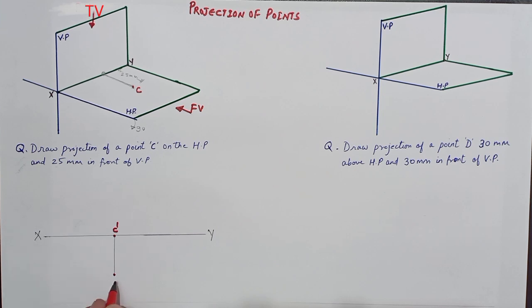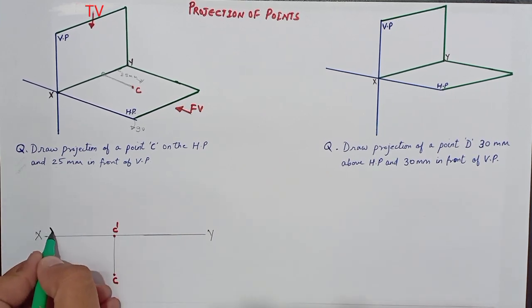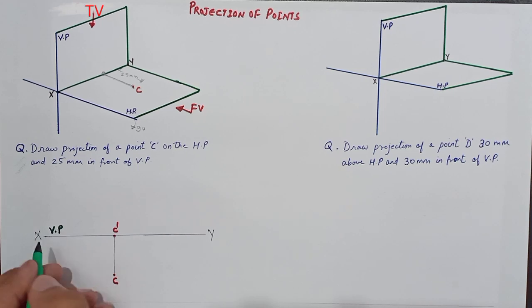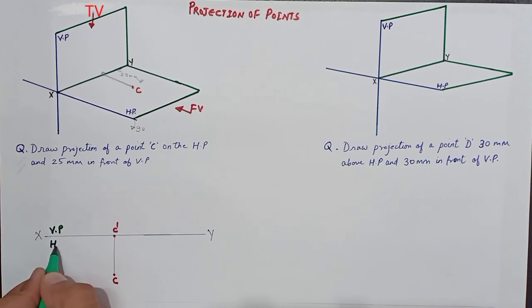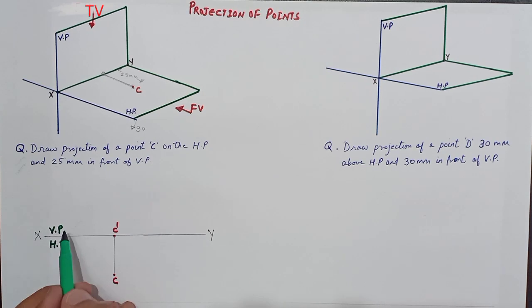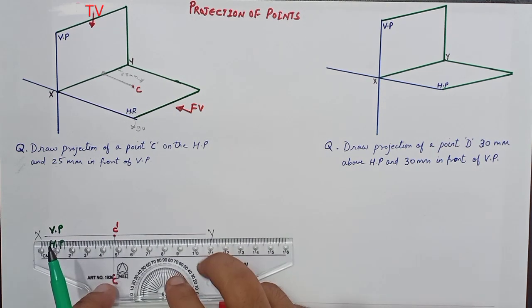Here we get point C in the top view. Vertical plane, horizontal plane. C dash in vertical plane represents front view. C in horizontal plane represents top view. Now given dimension.